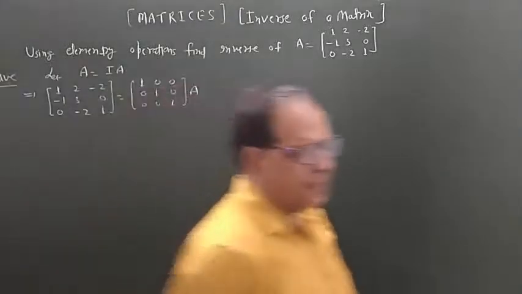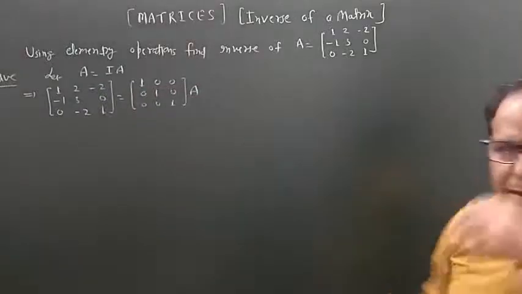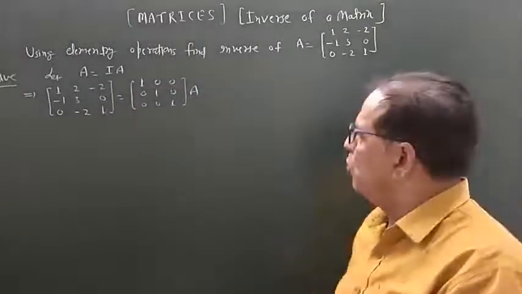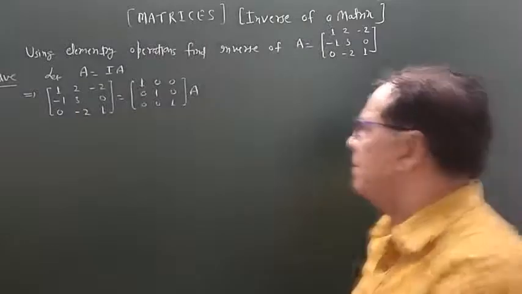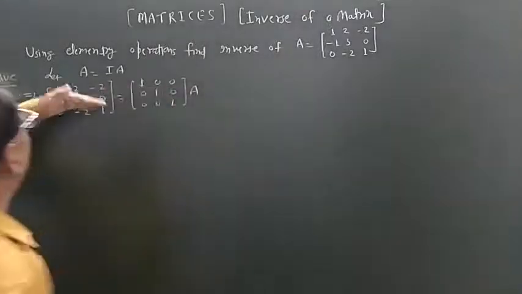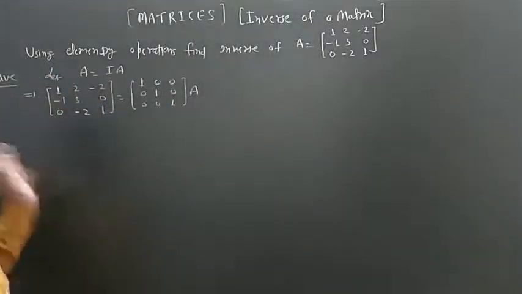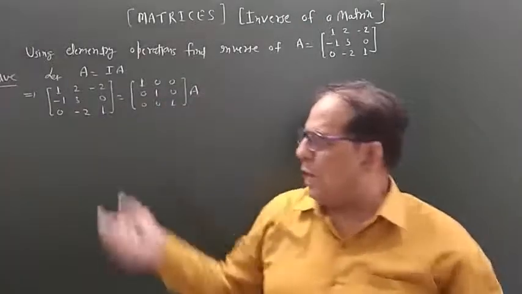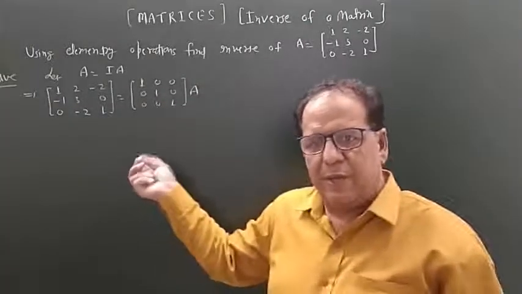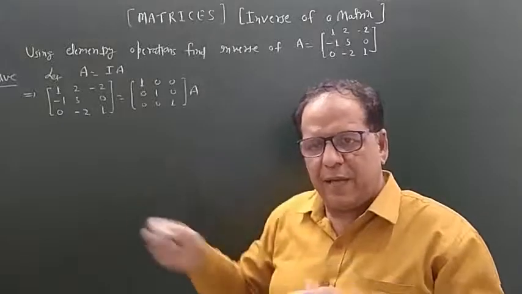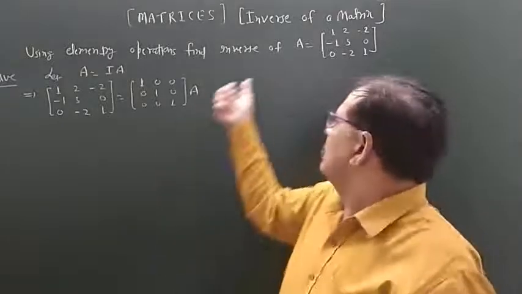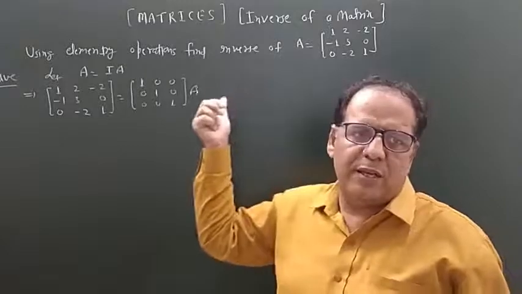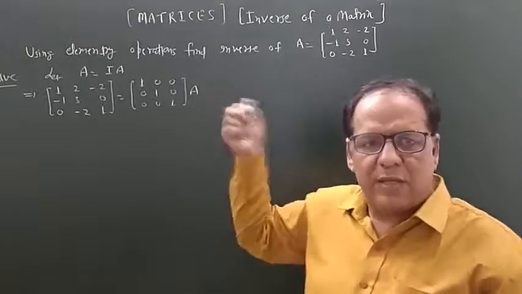We start with the operations. During the applying of operations, if all the elements of any row of this matrix become 0, then our process will be finished at that step, and we can write that the inverse of matrix A does not exist.